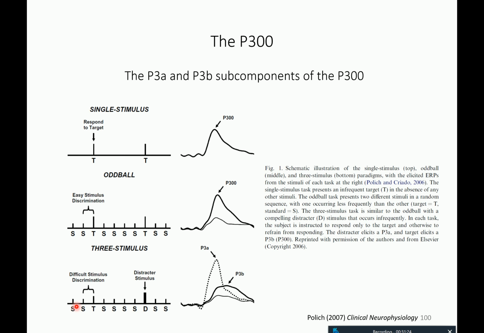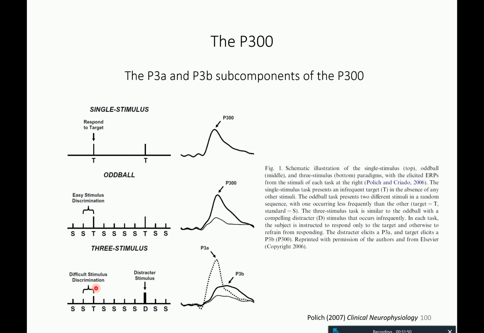Now what is shown here is the attempt to dissociate the effect of the deviant stimulus from the effect of responding to the stimulus, because like I said, in P300 paradigms this is usually correlated, so that you attend to deviant stimuli and usually respond to them by pressing a button.